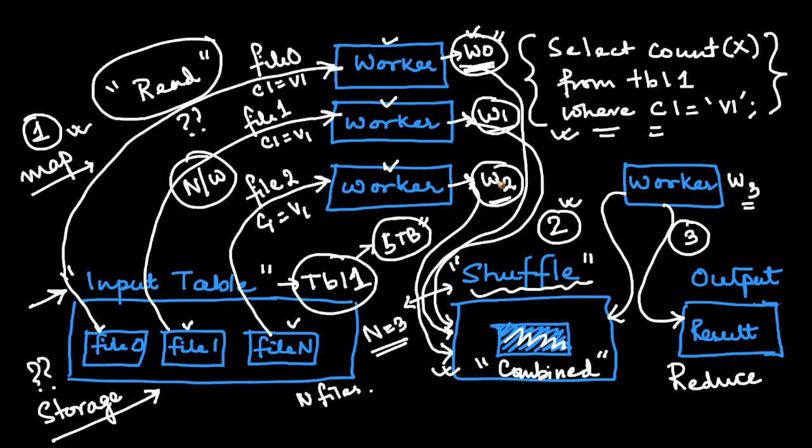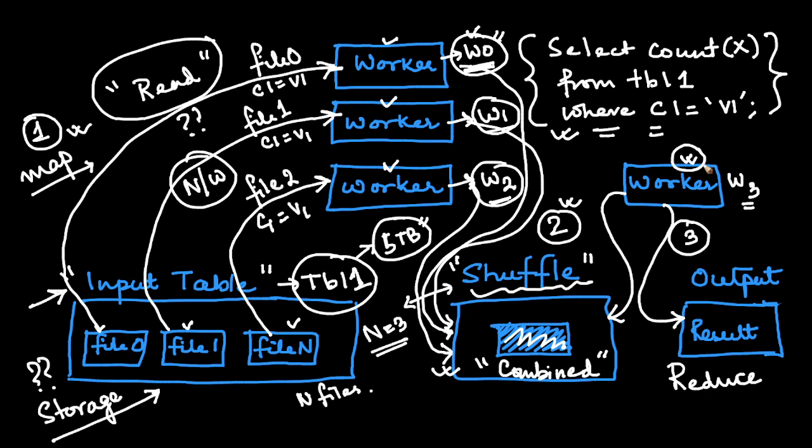Finally, the result is output by one or more workers. There can be more workers in this stage, and we will come to those examples. This is how the entire system works. Now, for this to work effectively, we need substantial improvements over how we know MapReduce to work.